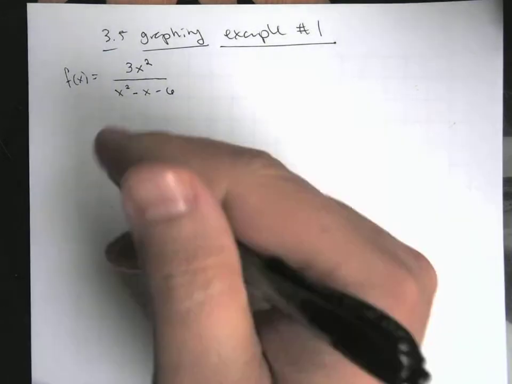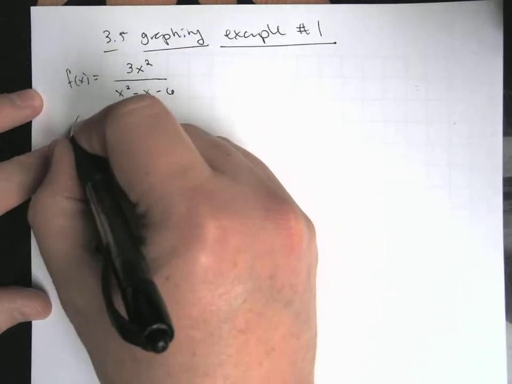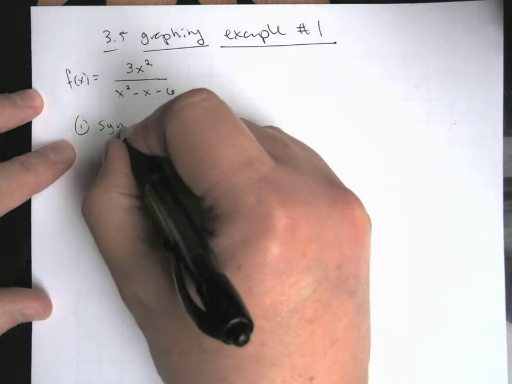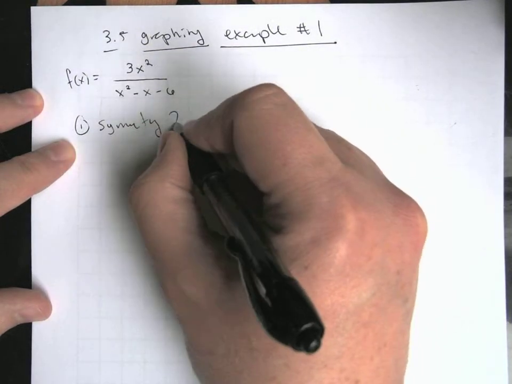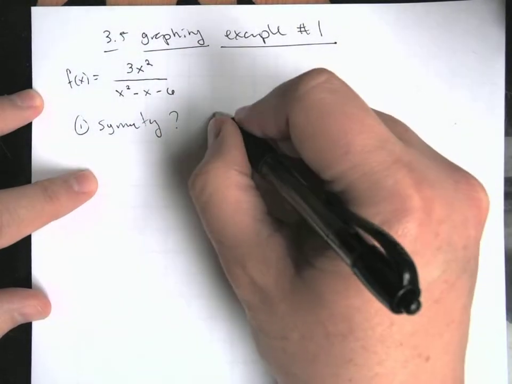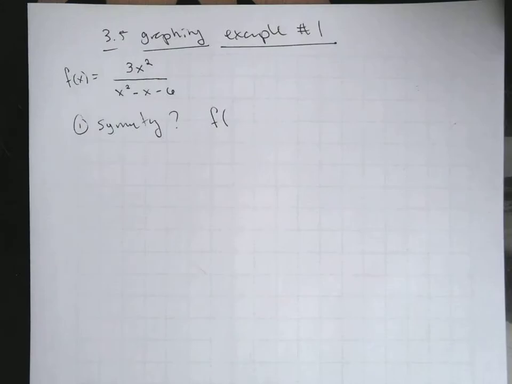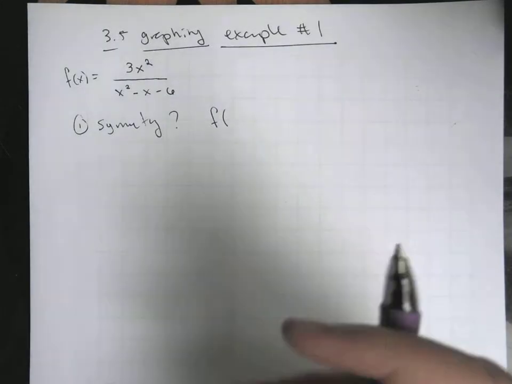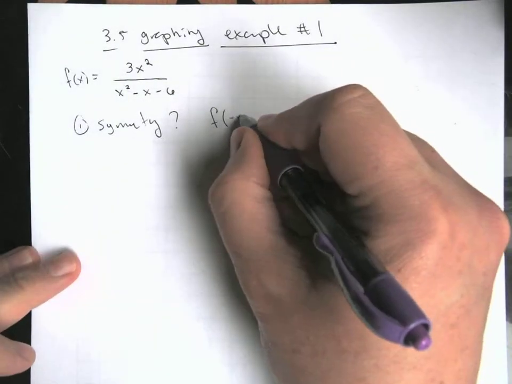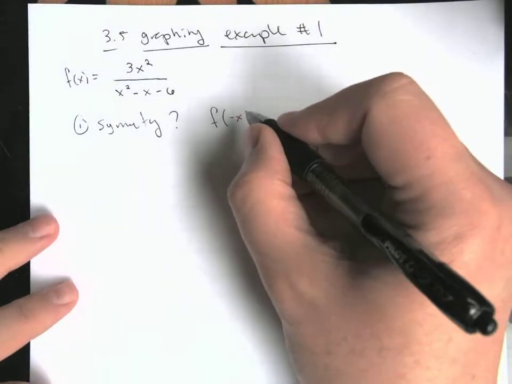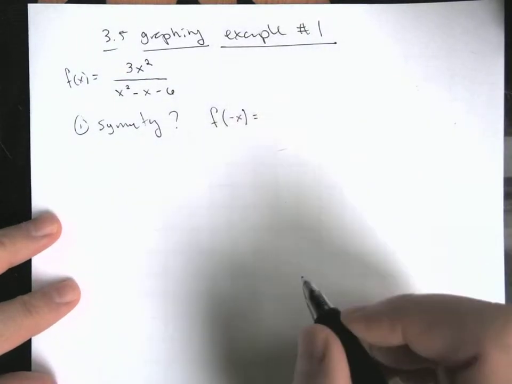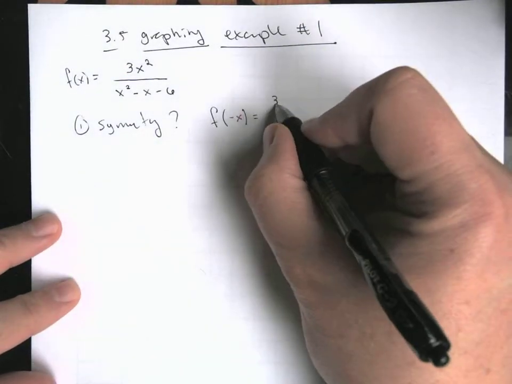So step number 1. Check for symmetry. Symmetry, question mark. So that is f of negative x, and let's see, if we sub in a negative x, what are we going to get?